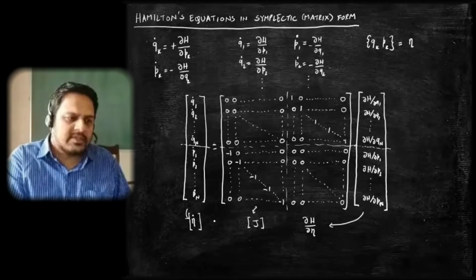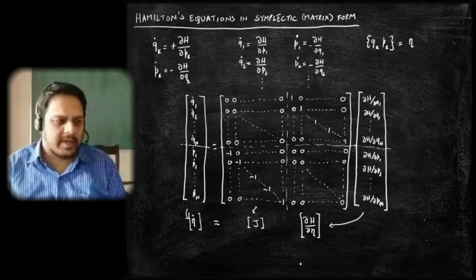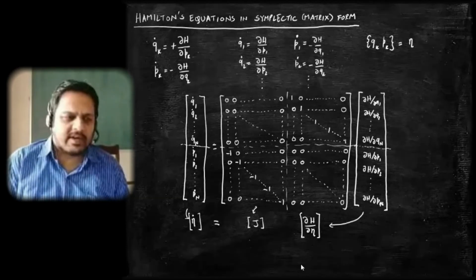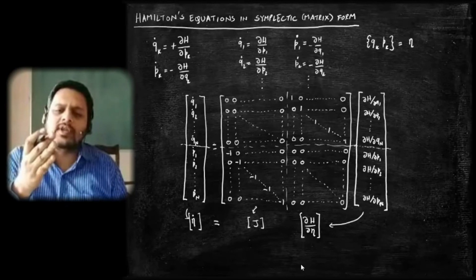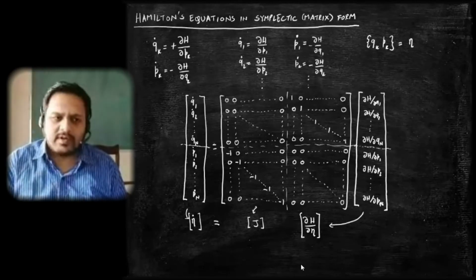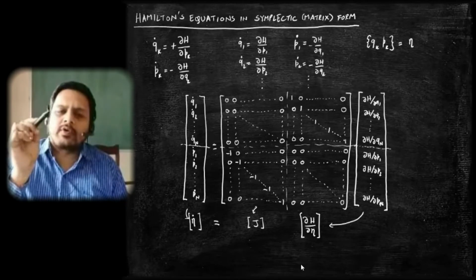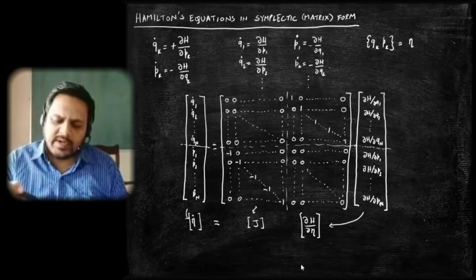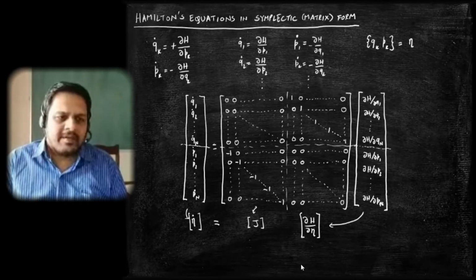And basically, Hamilton's equation therefore becomes eta dot is J matrix times ∂H/∂eta. Eta dot and ∂H/∂eta are column vectors. Eta dot is the column vector of q1, q2 up to qn, and then p1, p2, all of them put together. And ∂H/∂eta is ∂H/∂q1, ∂H/∂q2, till ∂H/∂qn, followed by ∂H/∂p1, ∂H/∂p2, till ∂H/∂pn.